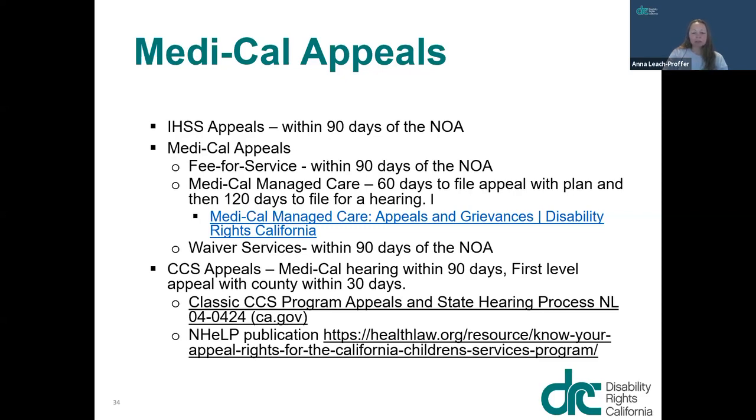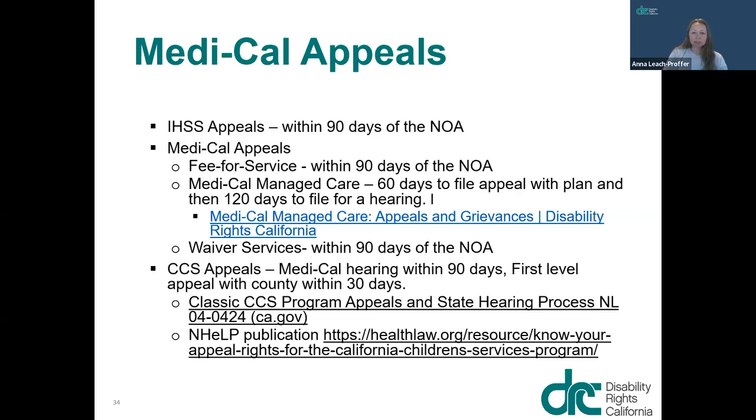Now for disputes involving Medi-Cal managed care, they have a slightly different appeals process. There's a two-part process for those appeals. The first part of the process, you have 60 days to file an appeal with the plan, and then if that doesn't resolve the issue, then 120 days to file for a state hearing.